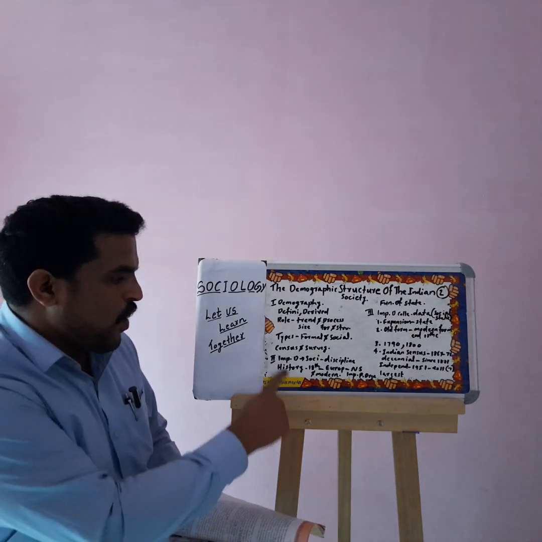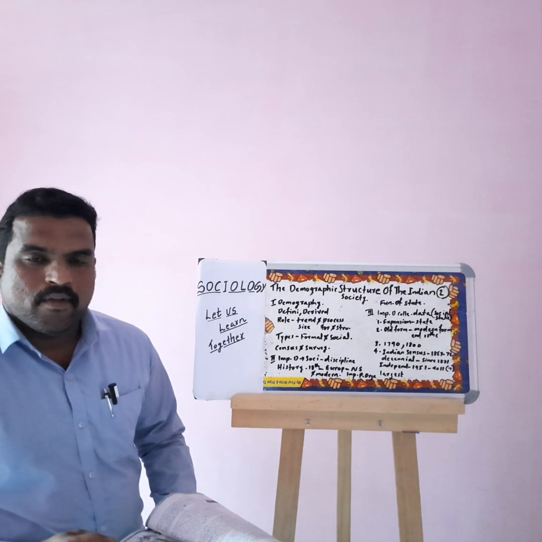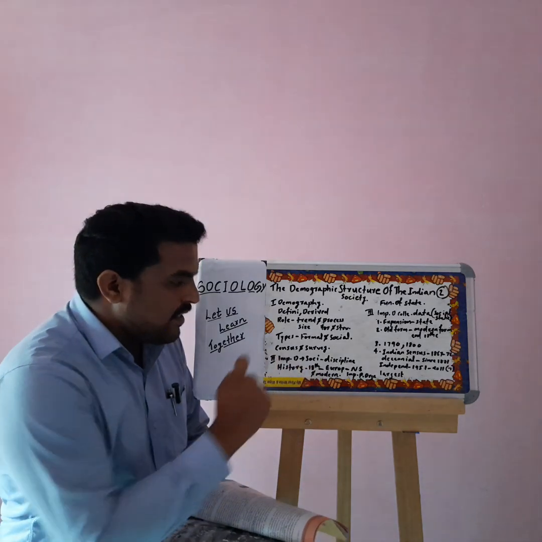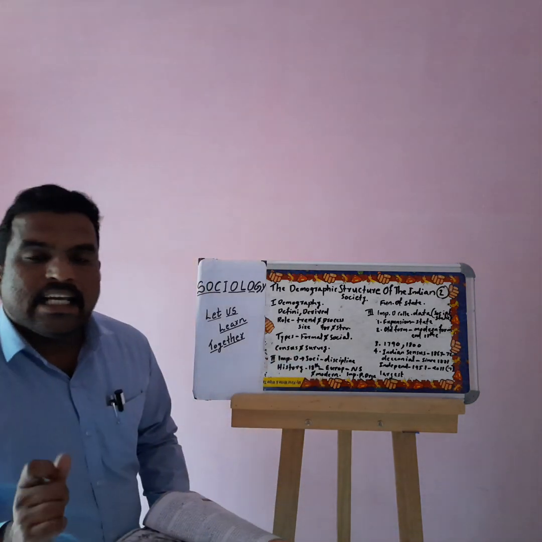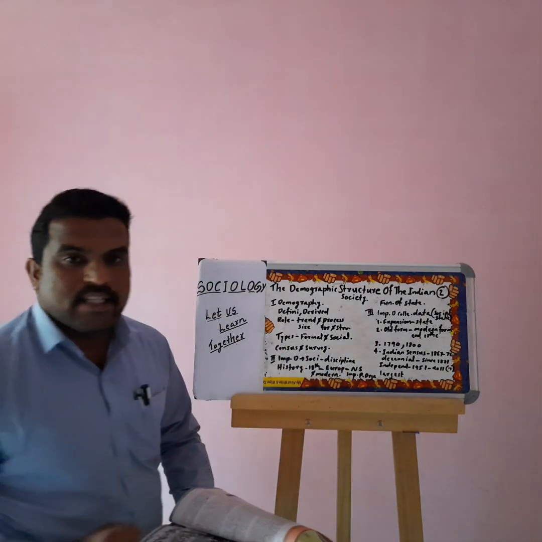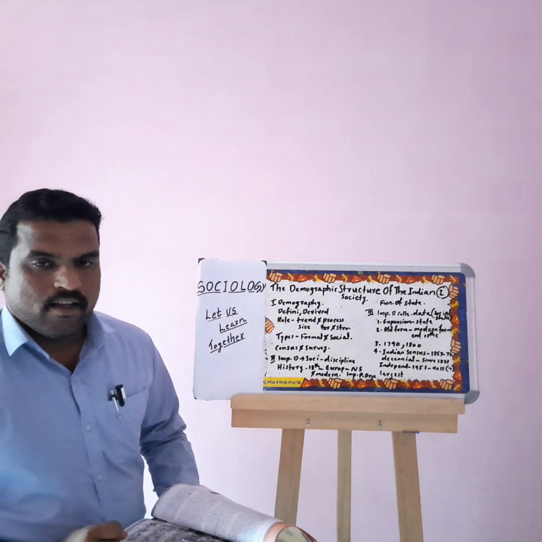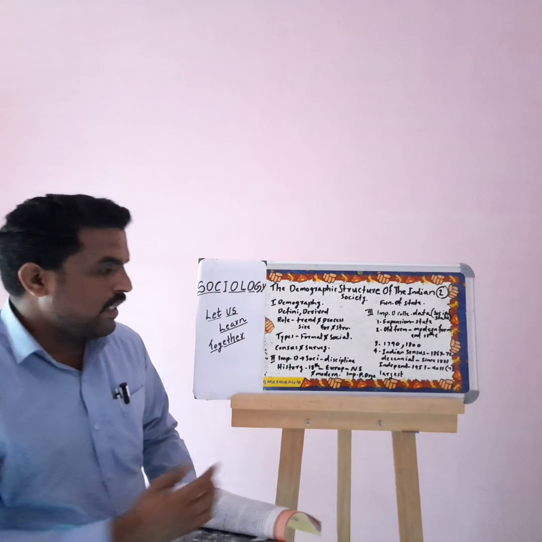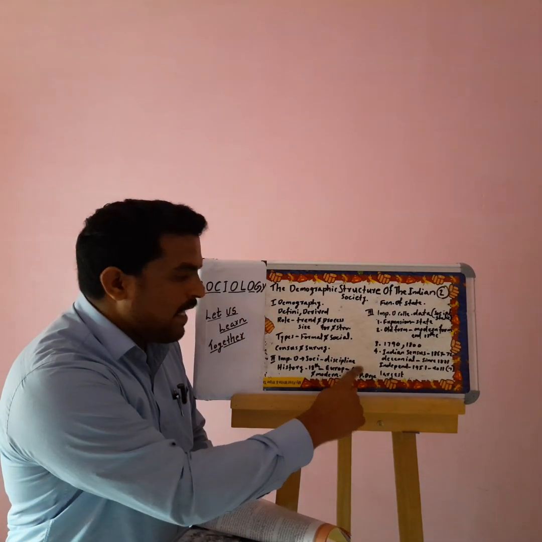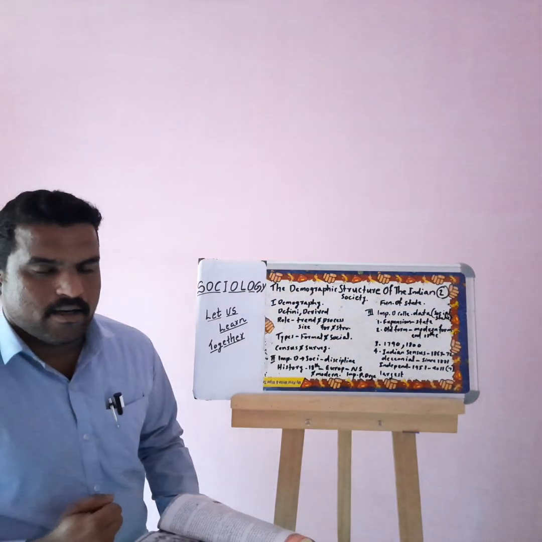Next point is that when we go through history, we can see that towards the end of the 18th century in Europe, nation states were formed. What do you mean by nation state?